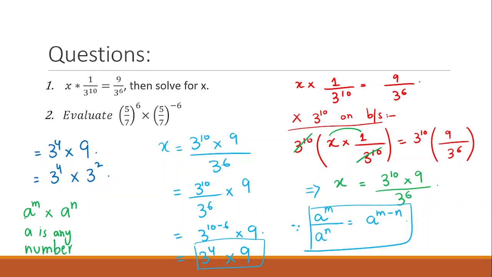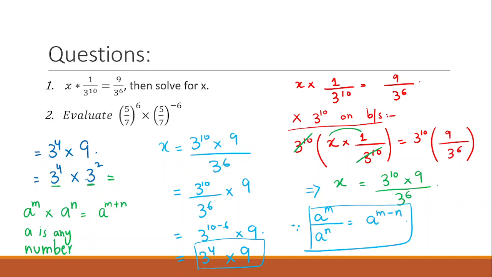The rule is that the bases should be the same; a is the base. The powers can be anything, you just need to add the powers: a to the power m plus n. If you see here, the bases are the same, 3 and 3.